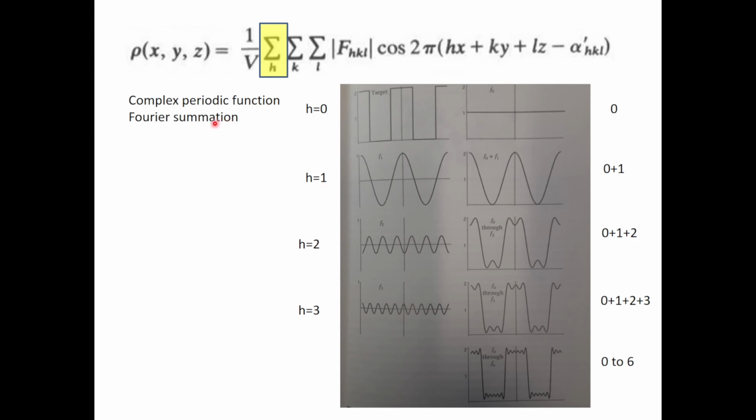Then when we sum those, we start by summing 0, 0 plus 1, 0 plus 2, finally up to the highest number of h which was obtained, and that will give us our complex wave function in one direction. And since we have three directions, they're just summed in series.